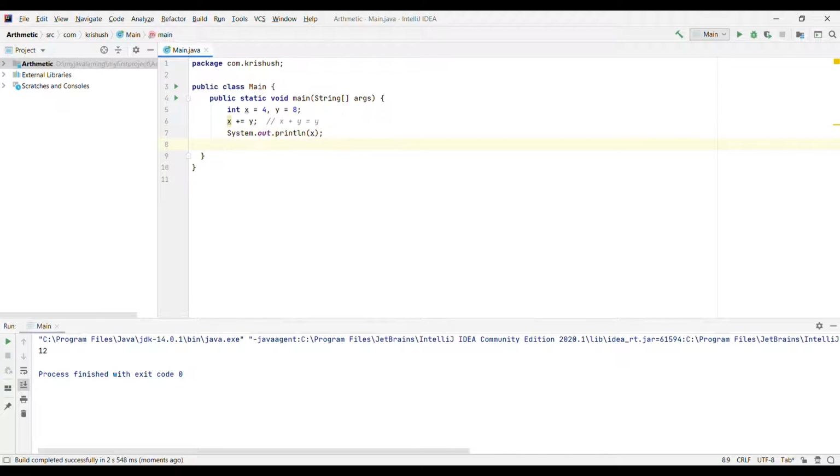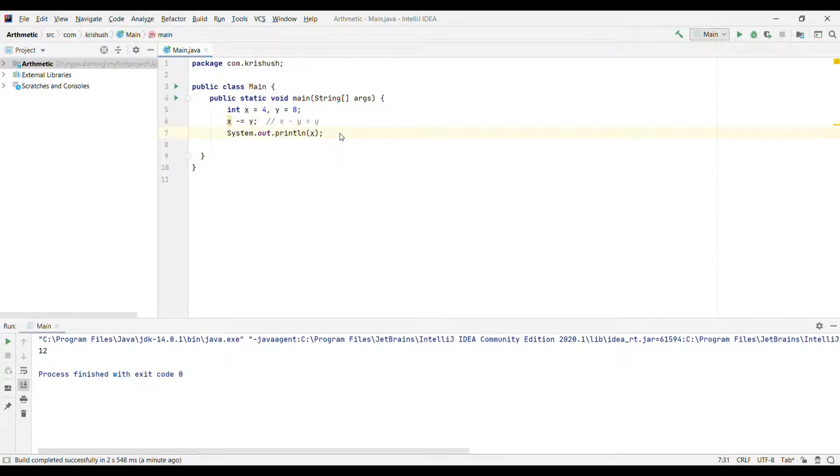Let's remove this and write minus instead. What do you think the output will be?